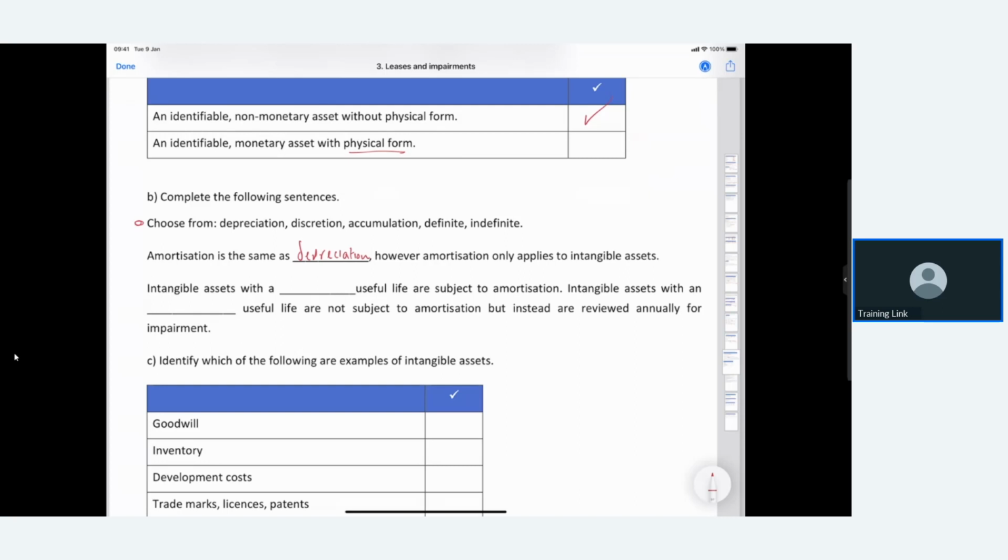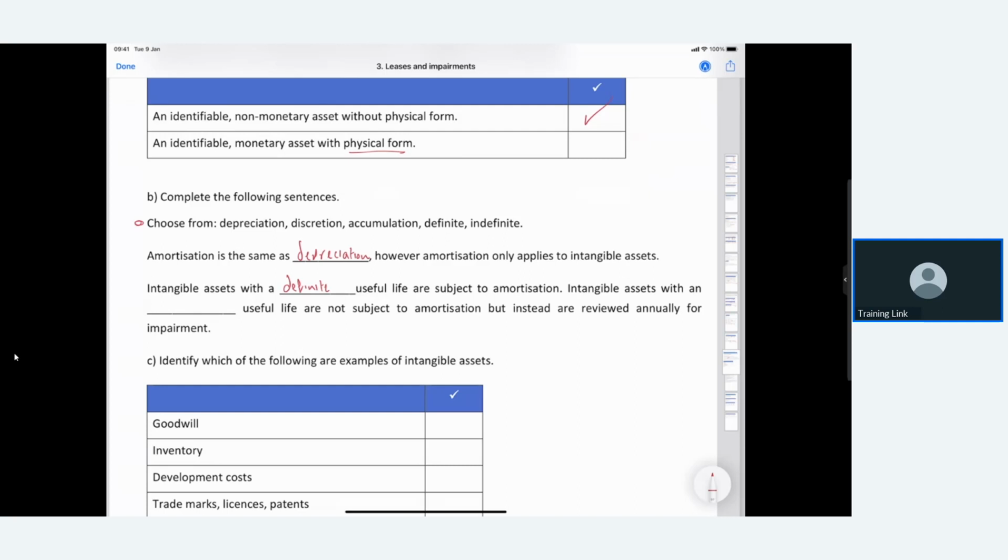Intangible assets with a, and we've got to pick, so that would be a something used for life, are subject to amortization. So what they say is that it's under a definite useful life, i.e. there's a measurable life to that asset.